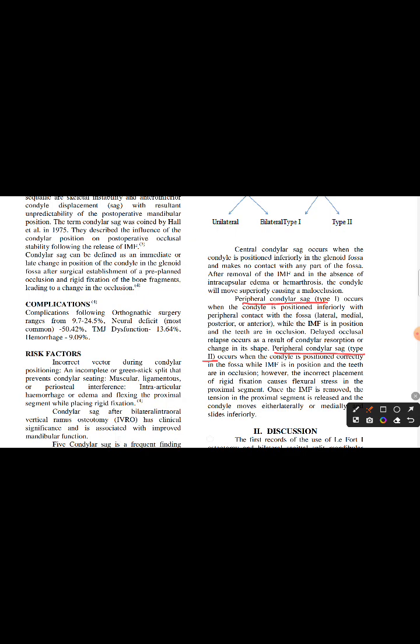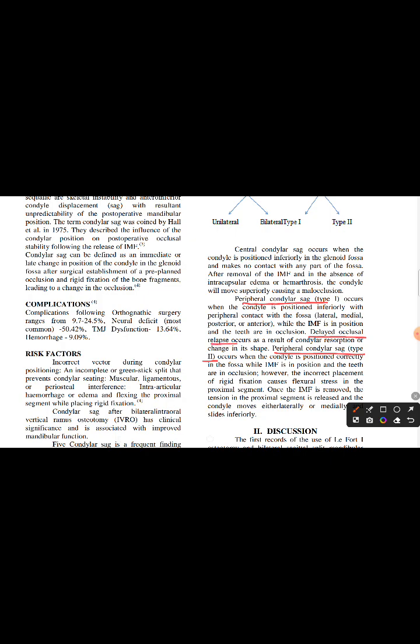Peripheral contact means there can be lateral, medial, posterior or anterior contact with the fossa while the IMF is in position and the teeth are in occlusion. So the condyle is positioned inferiorly with peripheral contact with the fossa. Delayed occlusal relapse occurs as a result of condylar resorption. So in peripheral condylar sag, we can see delayed occlusal relapse due to condylar resorption or change in shape.